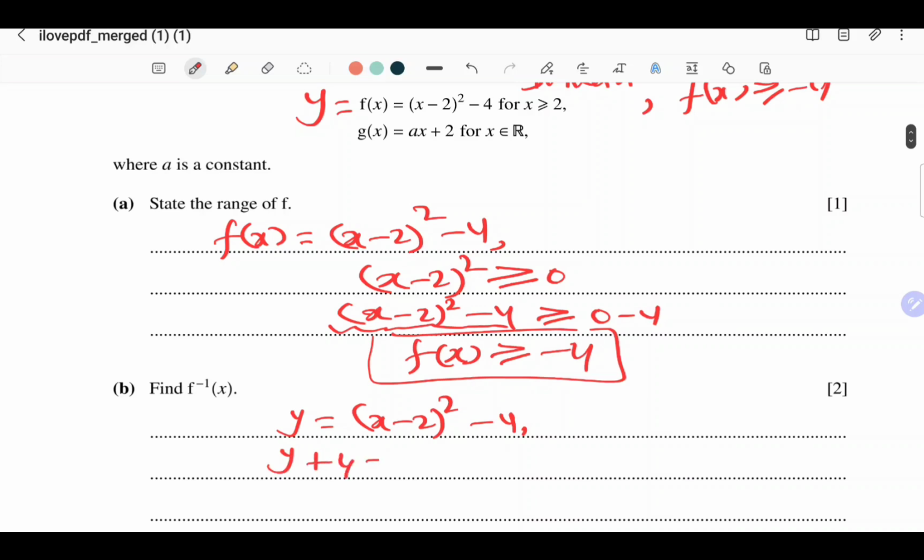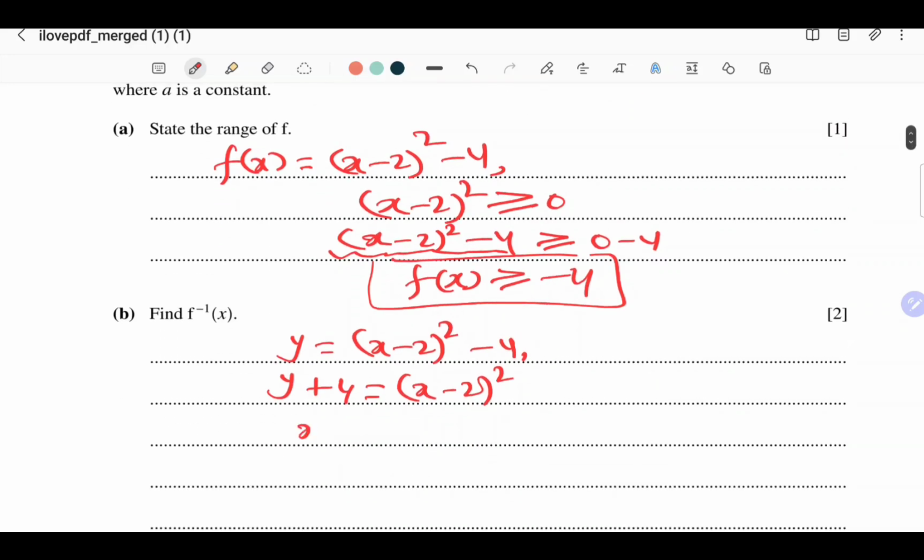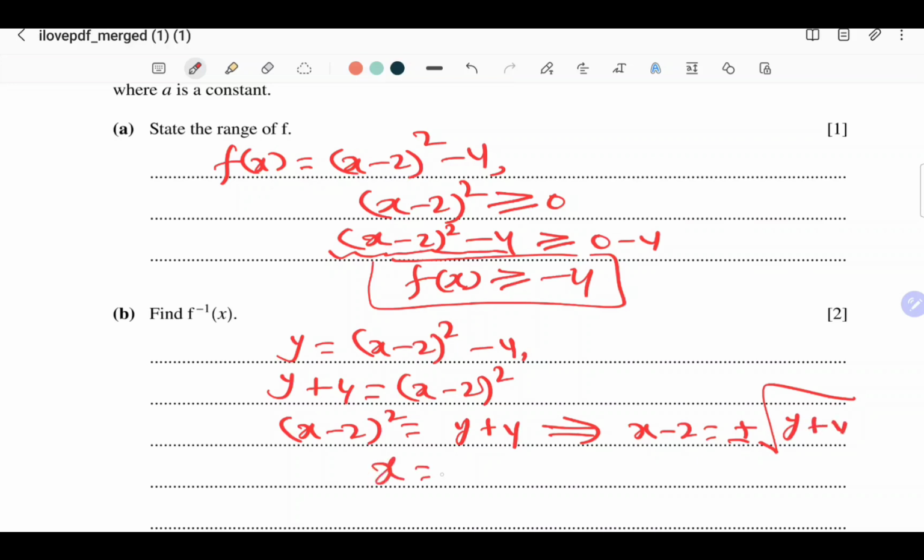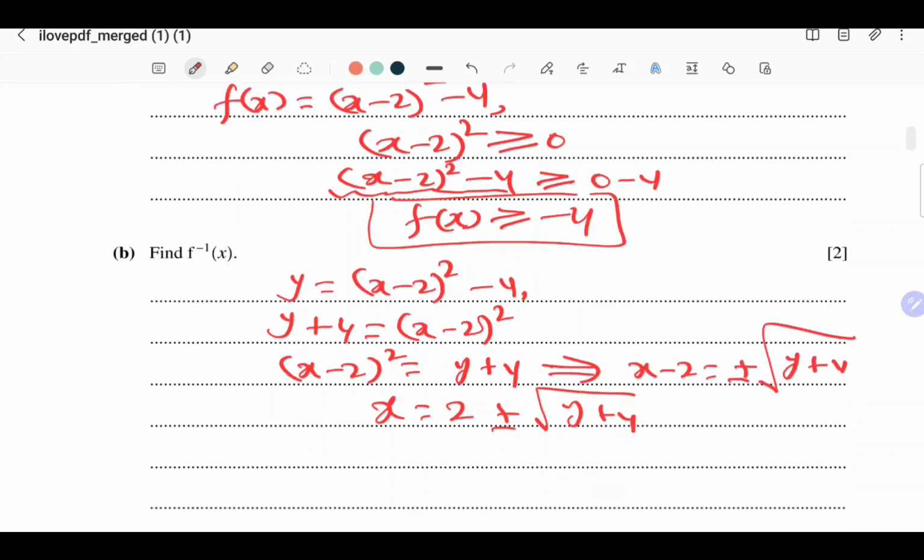Okay, so add 4 to both sides. y plus 4 equals (x minus 2) whole square. Now we can write x minus 2 equals plus minus root of y plus 4, and x equals 2 plus minus root of y plus 4.